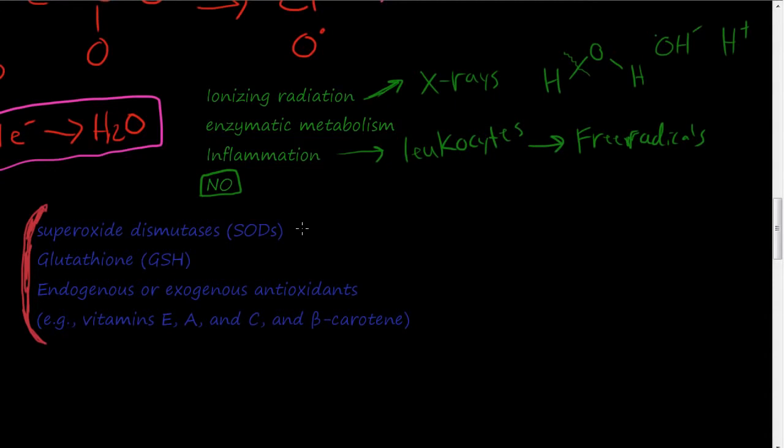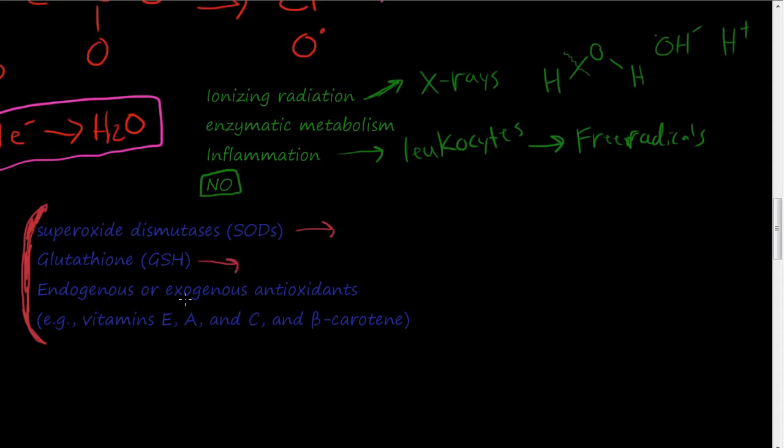So superoxide dismutase takes care of and destroys the reactive oxygen species. Glutathione, which, these are all produced by our bodies, is also inside our cells to help take care of free radicals, so they destroy free radicals.